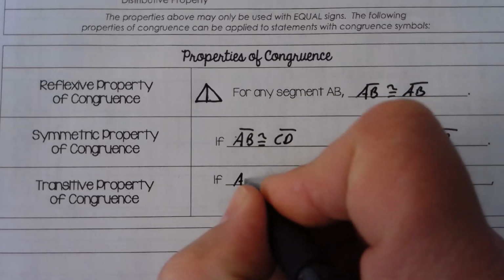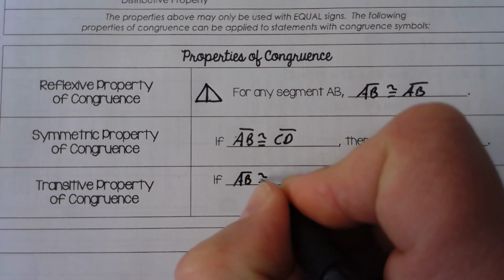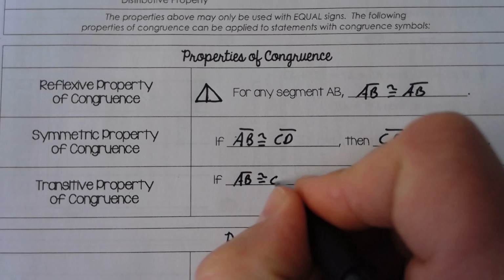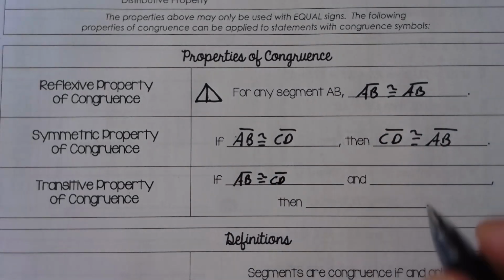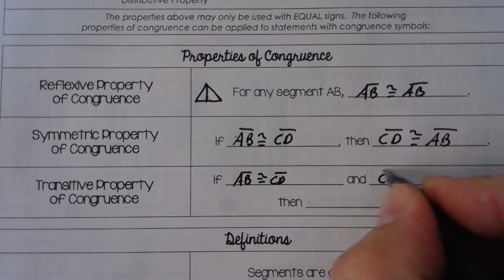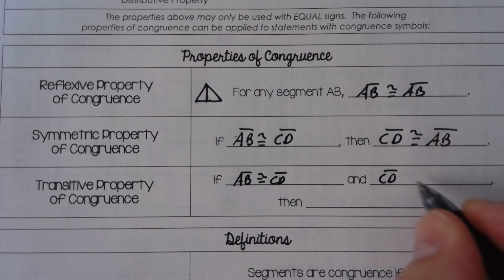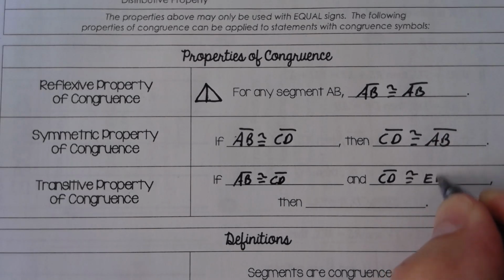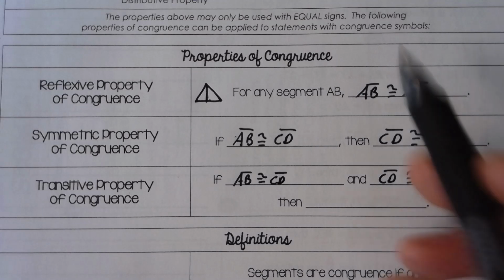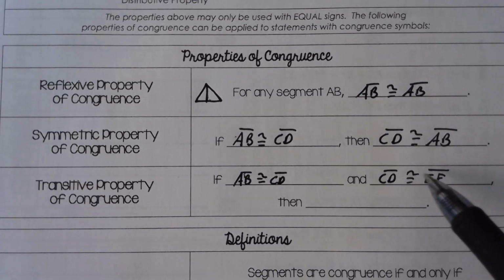Transitive property of congruence. If AB is congruent to CD and segment CD is congruent to segment EF, then AB is congruent to EF.